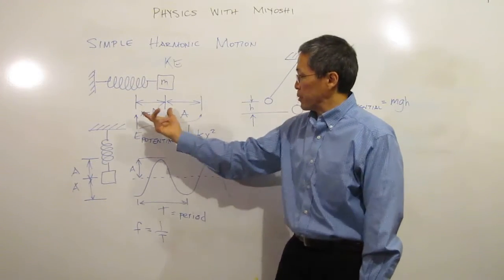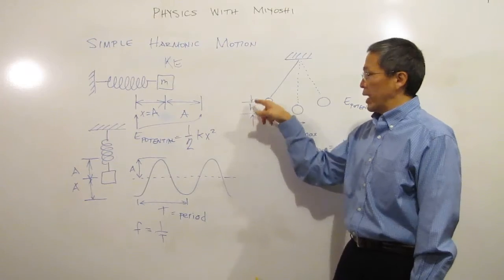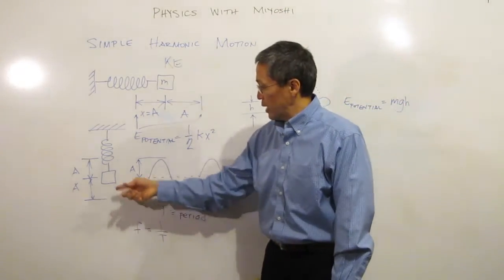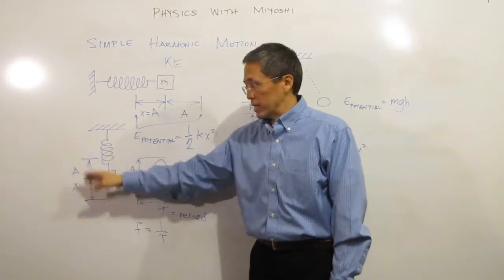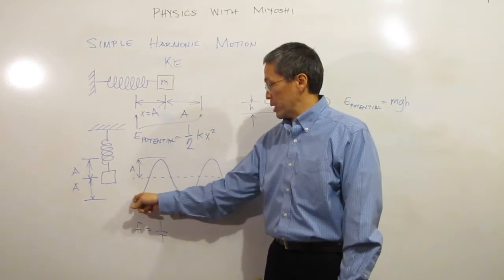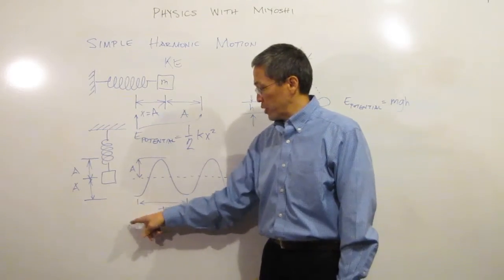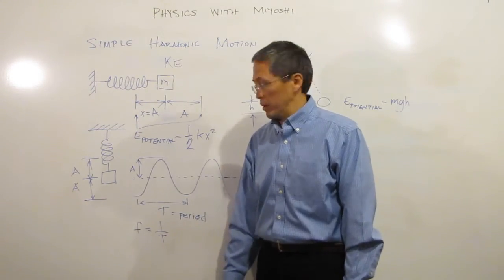The amplitude is the maximum displacement, which would be the maximum height in this case, and in this case as well. The period is the time it takes to go from a corresponding place to a corresponding place on our curve, and the frequency is 1 over the period.